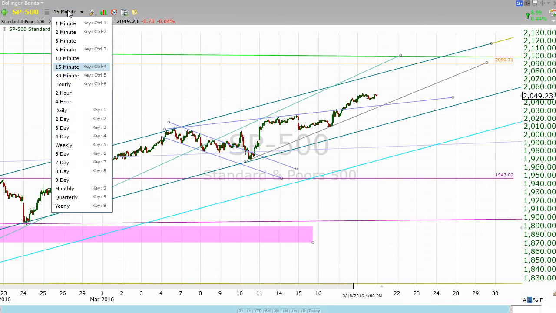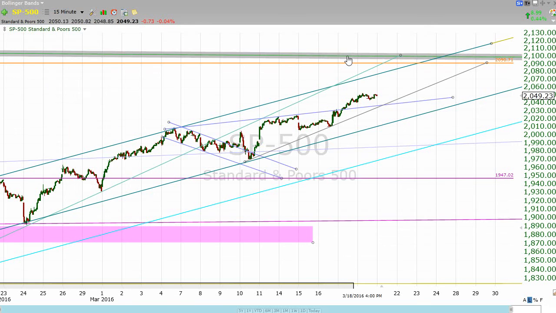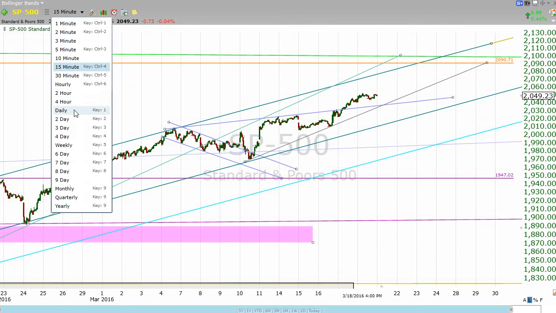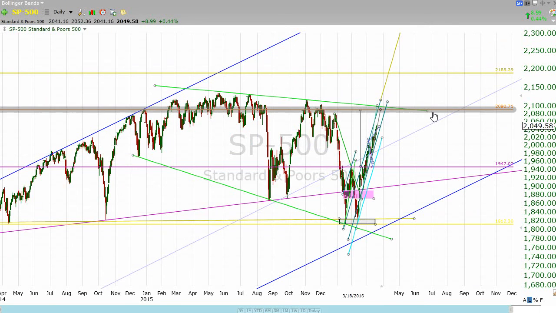2100, because the 2100 line right here, if we back out on this chart, you can see there's that line. And tell you what, oops, I didn't mean to grab that one. Let's put that back at 2090. I meant to grab that.